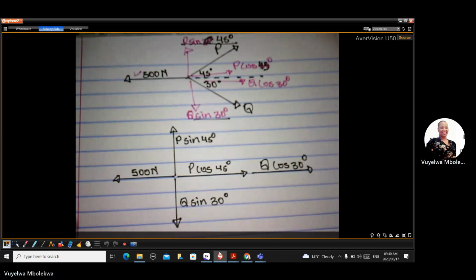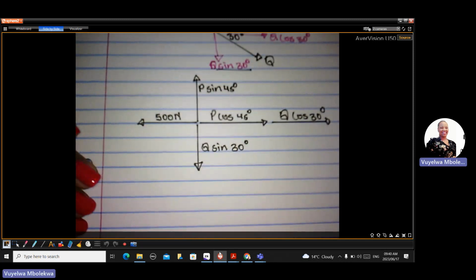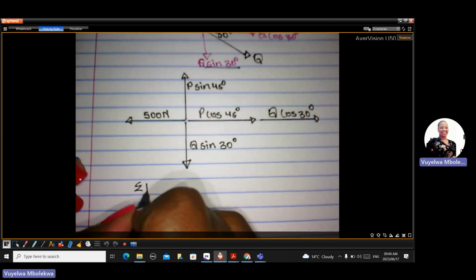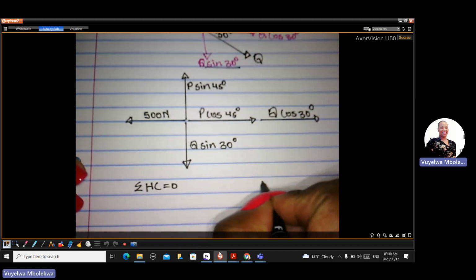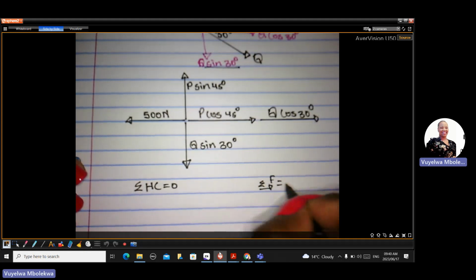Okay. Then the procedure says that the sum of the horizontal components is equal to 0. The reason it is equal to 0 is because eastward forces are equal to westward forces.